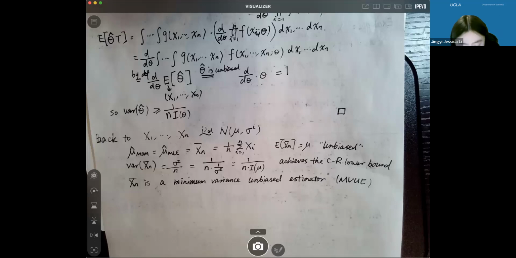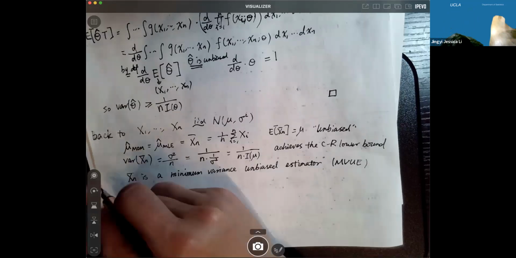Okay, so now I'm going to introduce one last concept before we conclude today. So this concept is called relative efficiency.